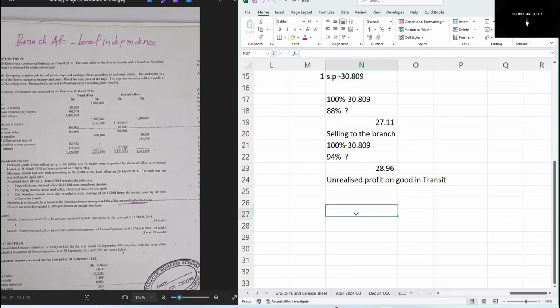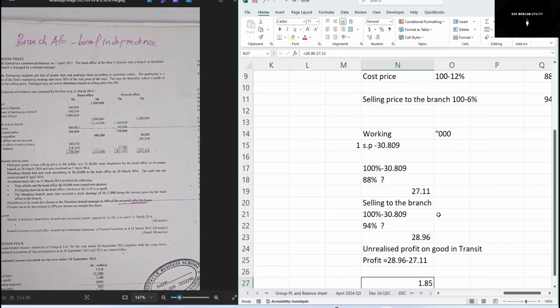How do we know the profit? Profit is equivalent to selling price minus cost price. So profit will be 28.96 minus 27.11. So this is our unrealized profit on the goods in transit. So I think we have done with note number 1.